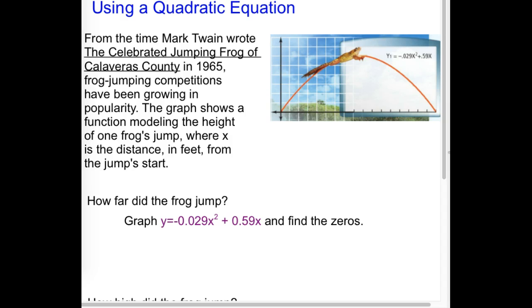Now that's a little different than the quadratic ones we've looked at in the past. We usually had time on our x-axis, and we were looking at how long the jump took. Now we're looking at total distance, horizontal distance that it traveled. In other words, how far from the starting point does it land? Okay? This is our vertical height. How high does the frog jump? This is how far does the frog jump.